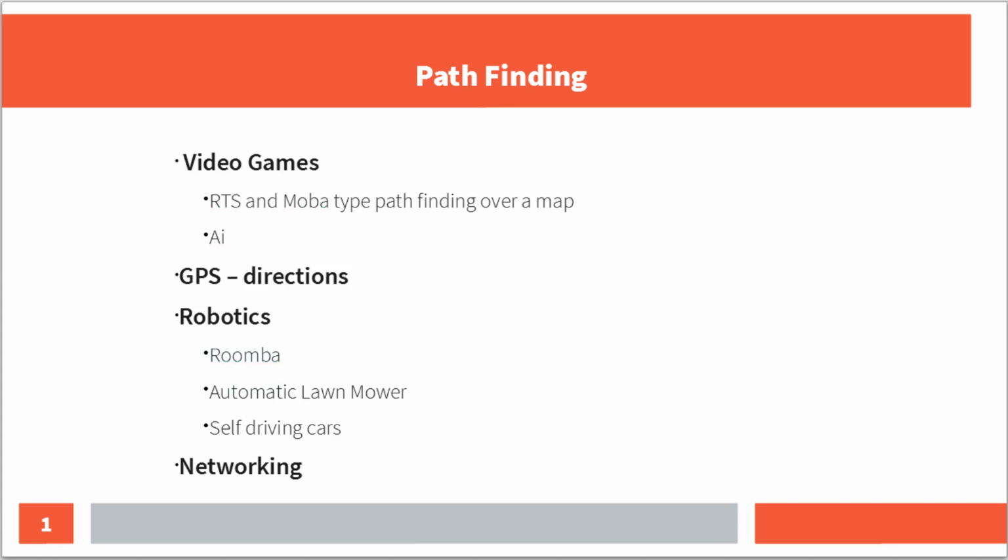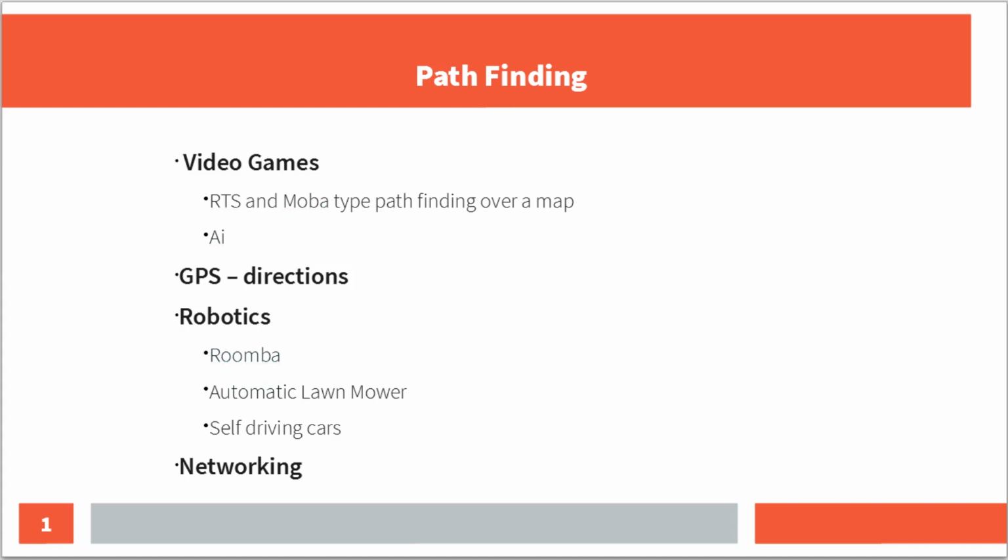Other places we see pathfinding algorithms are in general AI, in our GPS and mapping systems. Also, we see a lot of this in robotics. If you've got a Roomba vacuum cleaner or you have a Tesla car or something like that, all of those use pathfinding algorithms. And also in networking.